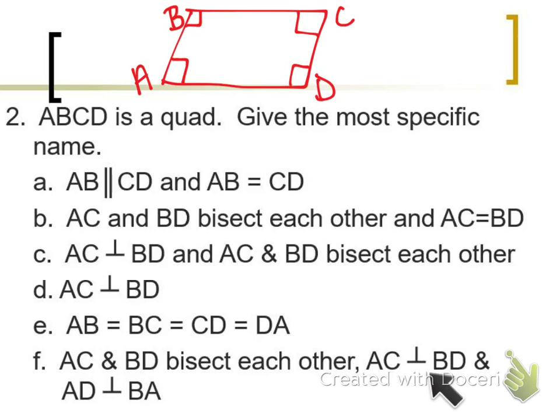If the diagonals are perpendicular, that tells us it's a rhombus. So if it is both a rectangle and a rhombus, that means it has to be a square. Questions, concerns about that example? There is a lot to it.